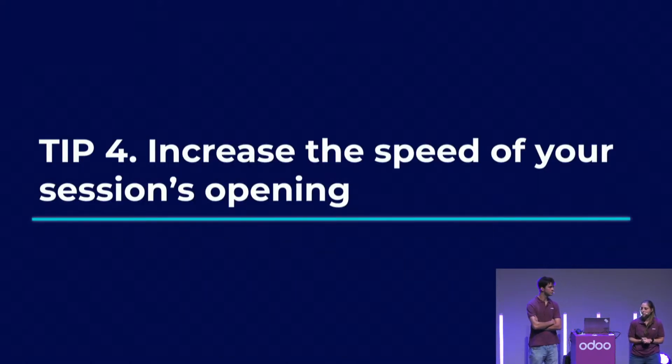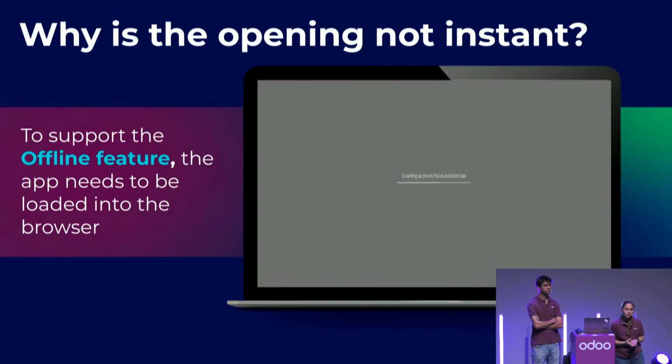Good. Tip number 4: increase the speed of your session's opening. So why is the opening of the session not instant in Odoo? Well, in the point of sales application, we support the offline feature or working with an unstable connection. In order to avoid losing any information, we are going to load the app into the browser.